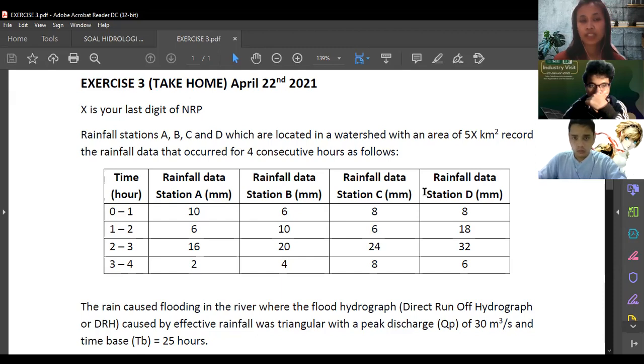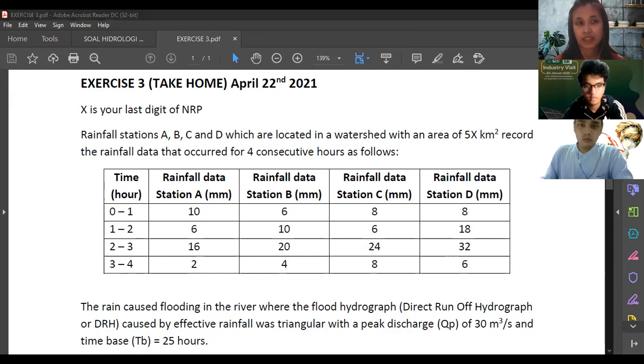So we still have time to study one more module, and then there is also an exercise, but it will not be a take-home exercise. We will use this hydrograph example as an example, not for the take-home exercise.